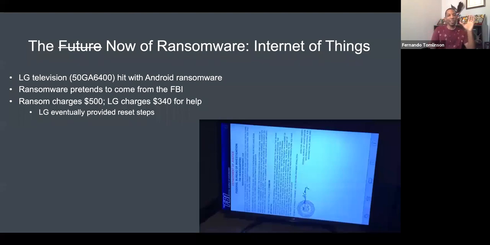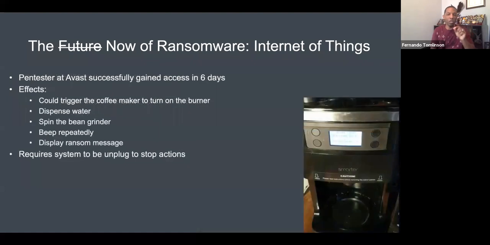So you're sitting here like, I can pay the $500, or I can pay LG $340 to then get the reset steps. And if you're using an LG TV, you're probably like, why would you even charge me, LG? I'm just not going to use you anymore. So guess what happened? LG actually provided those reset steps, so that people didn't have to worry about it. They knew they were going to start to lose customers.